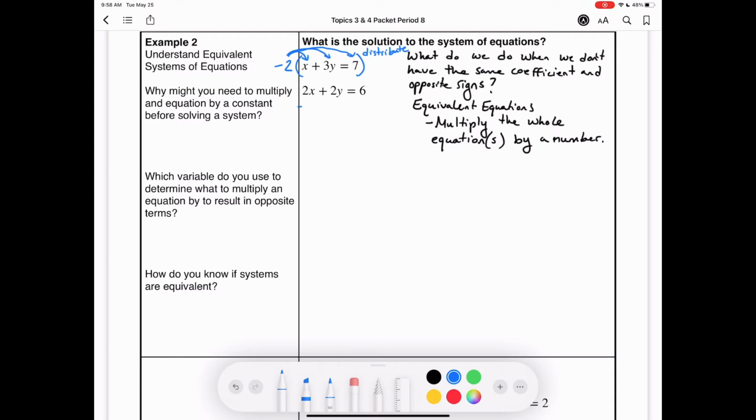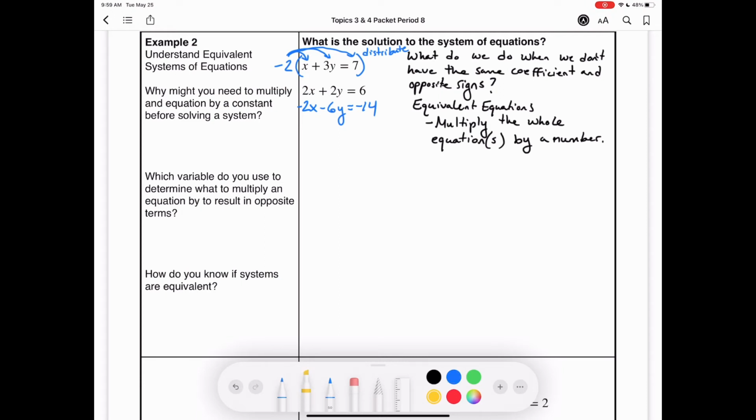So that's going to be the first part of our new equivalent equation. Negative 2 times 3y is negative 6y. And negative 2 times 7 is going to give us negative 14. Okay, so now we have an equivalent equation.